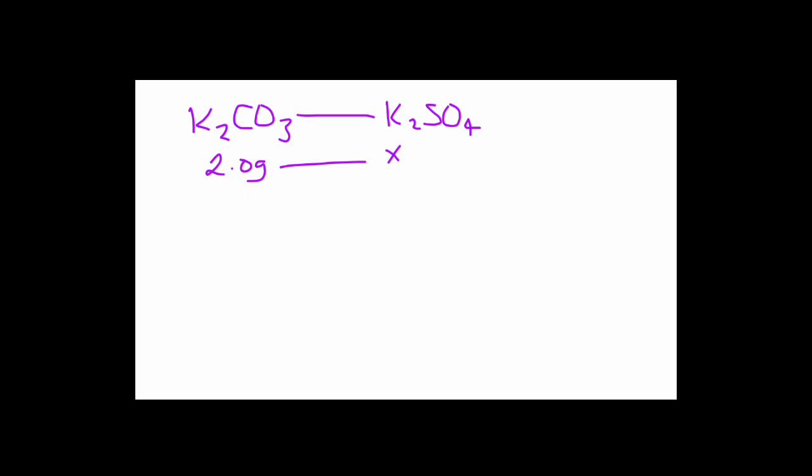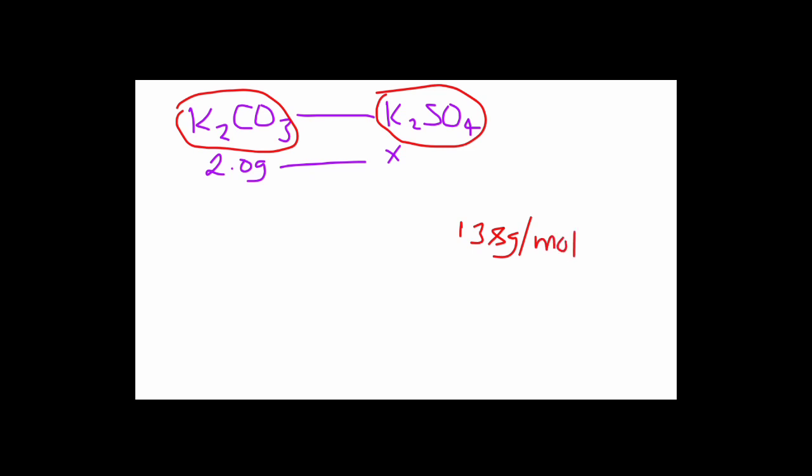Now, how do we convert this 1 mole of potassium carbonate and this 1 mole of potassium sulfate into mass? The only thing you can do here is to calculate the molar mass. Now, when you calculate the molar mass of potassium carbonate, you will find that the value will be 138 grams per mole.